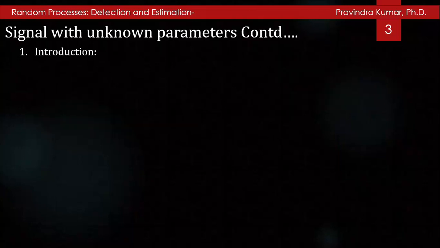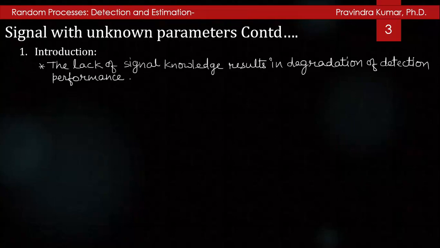This problem is important when the signals to be detected are not completely known. The lack of signal knowledge may be due to uncertain propagation effects in the mobile radio or in the channel. For this problem, we will require the advanced theory of composite hypothesis testing.